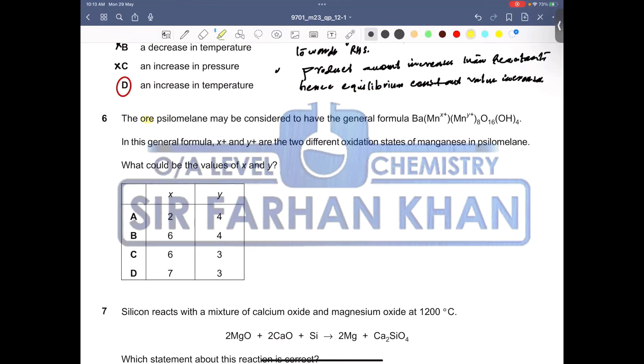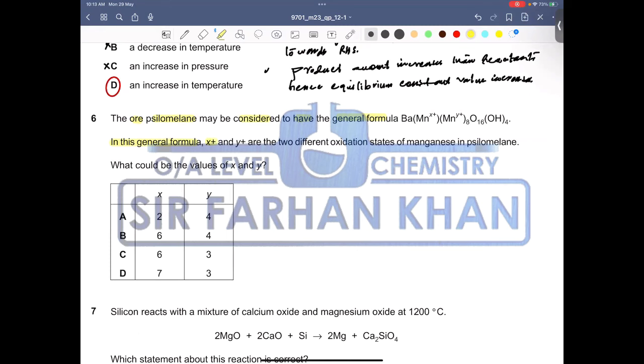The ore bristlemane may be considered to have the general formula. In this general formula, X plus and Y plus are the 2 different oxidation states of manganese in this mineral. What could be the values of X and Y?